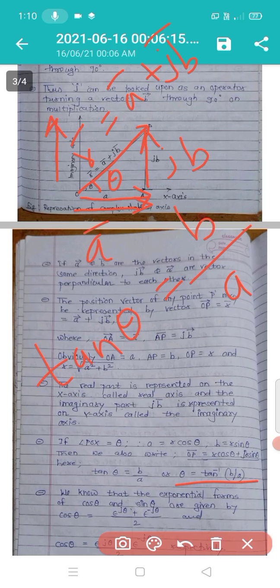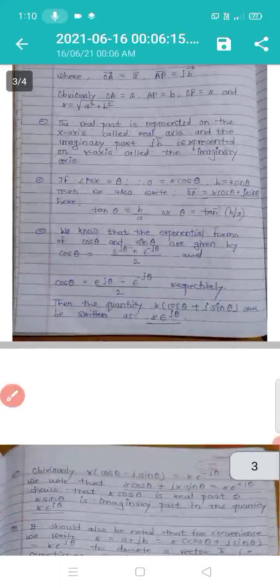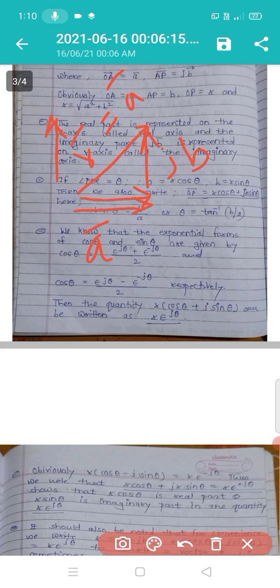We know that the exponential forms of cos theta and sin theta are given as cos theta is equal to epsilon raised to j theta plus epsilon raised to minus j theta upon 2, and sin theta is equal to epsilon raised to j theta minus epsilon raised to minus j theta upon 2 respectively.